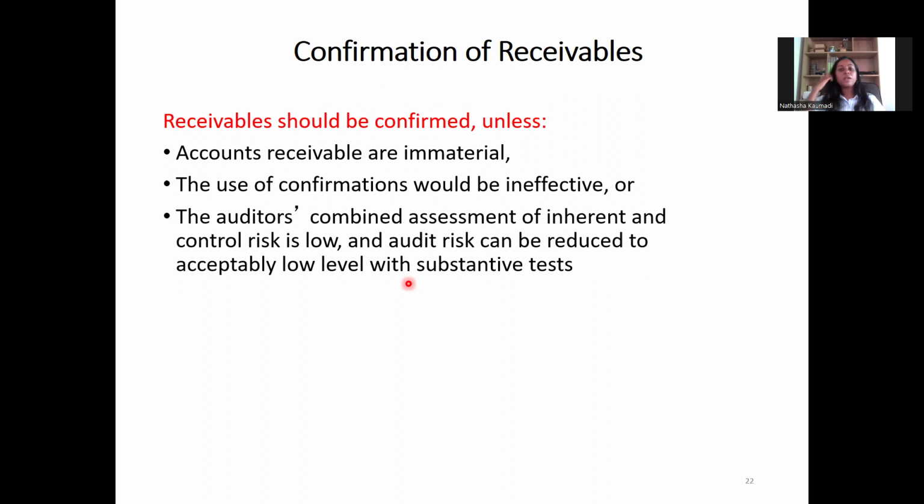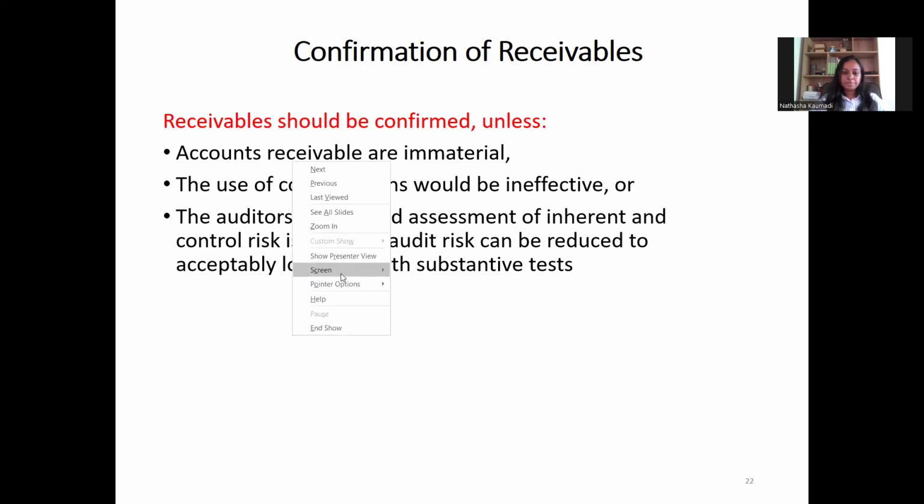Let's say there are 150 debtors in the debtor listing, but you are not going to call confirmations. Calling confirmation is the most reliable thing because the debtors themselves confirm the balances. Now you are not using confirmations. What to do? The first thing is checking the subsequent settlements.